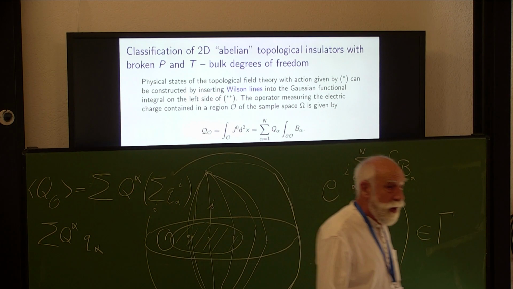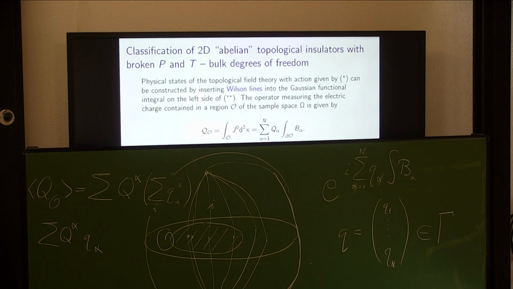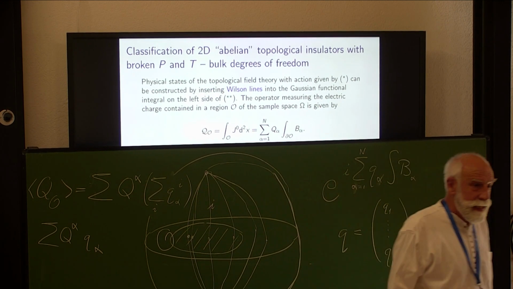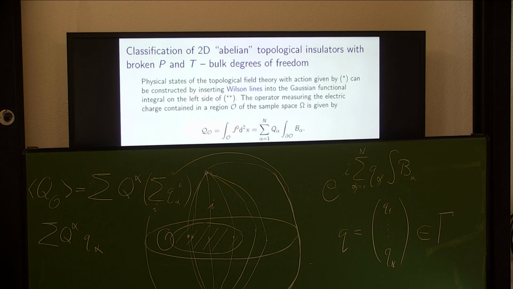Okay. Now, if a Wilson line generates an open Wilson line, excites an electron, then this must be equal to 1. If it excites n electrons, it must be equal to n. If it excites n holes, it must be equal to minus n.